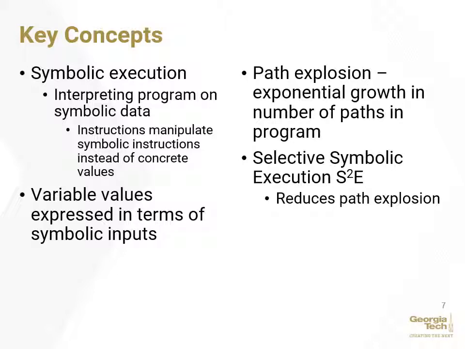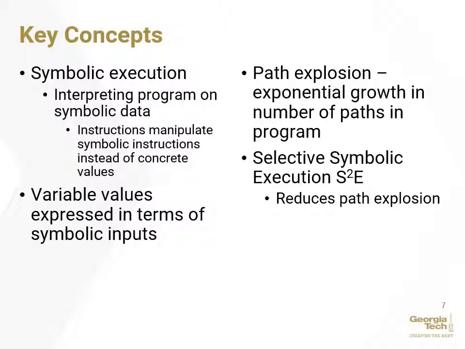And the instructions will manipulate symbolic expressions rather than actual values, allowing them to explore many errors at once. Variables are expressed as symbolic endpoints at any point during the program's execution. Conditional instructions are interpreted by computing symbolic expressions, which then fork the program state, and the outcome is recorded in a path condition.